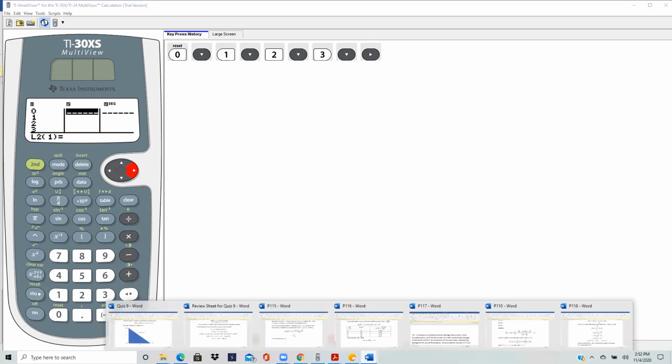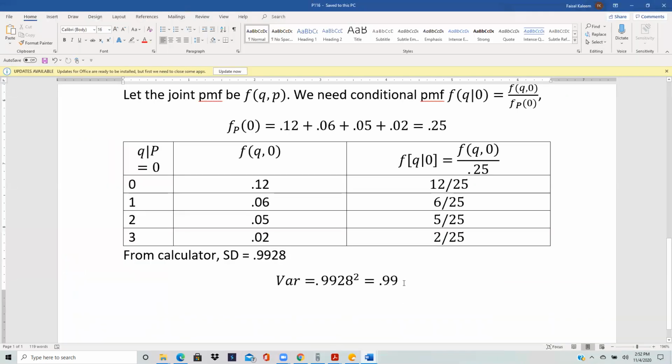And then for the second column, the probability column, let me tell you a nice trick. You see all these values are something over 25. This column is just a weight column, and it doesn't matter whether you do 12 over 25, 6 over 25, 5 over 25, 2 over 25, or some common multiple of all these.